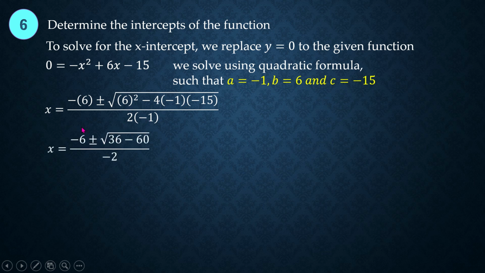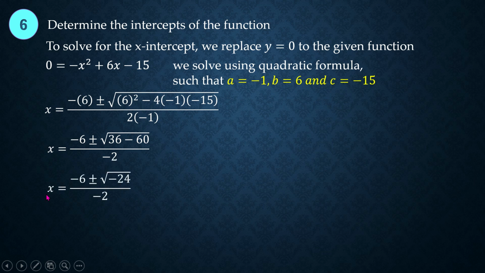Next, negative 6, plus minus 6 squared is 36. 6 times 6, 36. Negative 4 times negative 1 is positive 4. Positive 4 times negative 15 is negative 60, so minus 60. The denominator, 2 times negative 1, is negative 2.